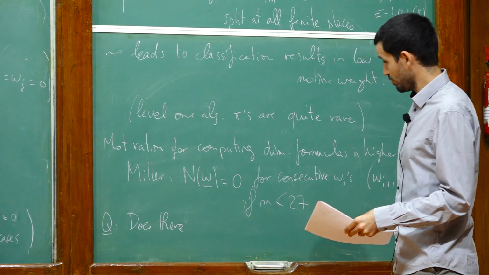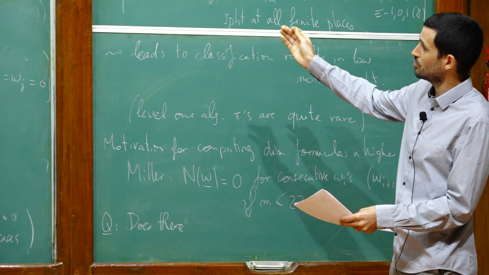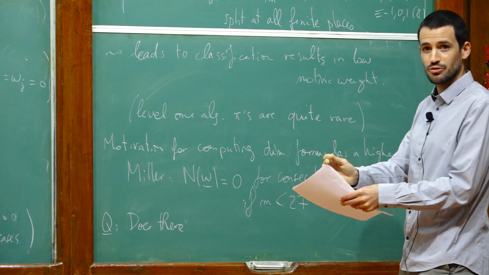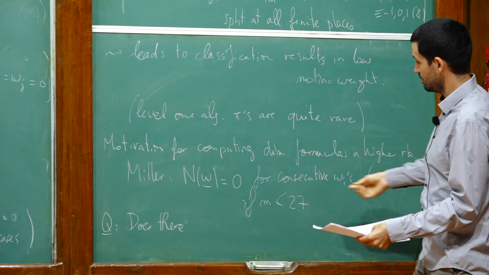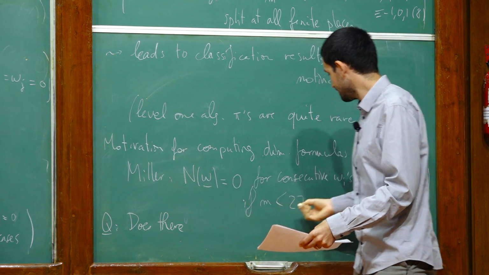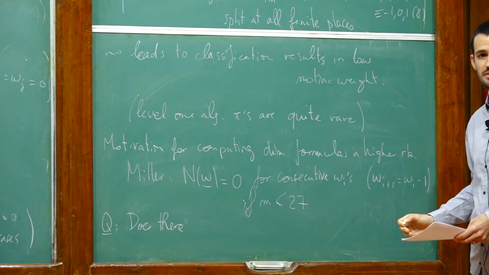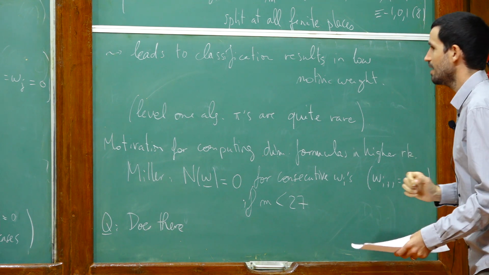But there is no known heuristic for what happens if you fix level 1 and just increase m and take the smallest possible set. That's the consecutive Wi. So that's what gives you minimal motivic weight.